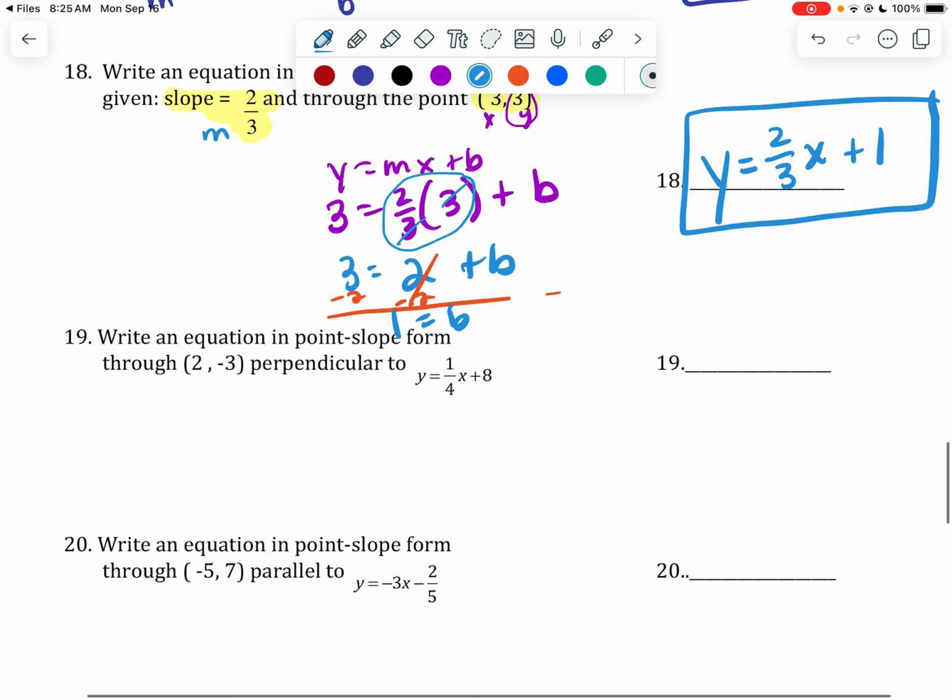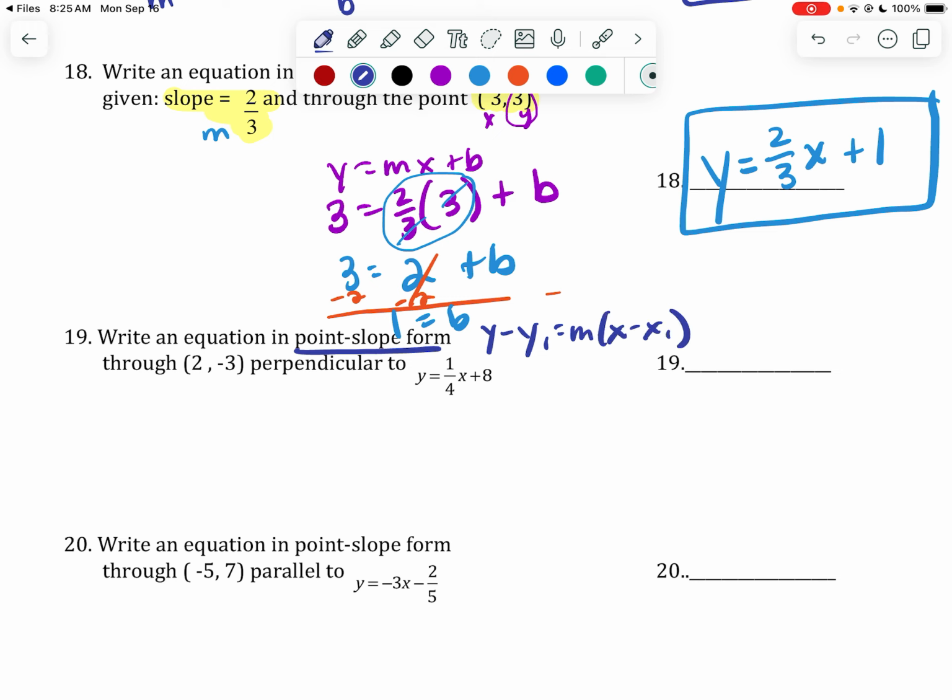All right, 2 more. So number 19, this one I want point slope form. So this one, my answer should look like this. So I need my slope and I need a point. Okay, so this one says write an equation in point slope form through this point. So we have our point. Okay, we got that. But then it says we want it perpendicular to this line.